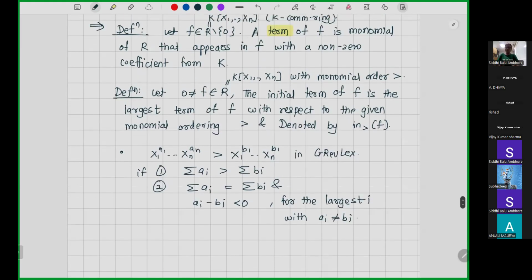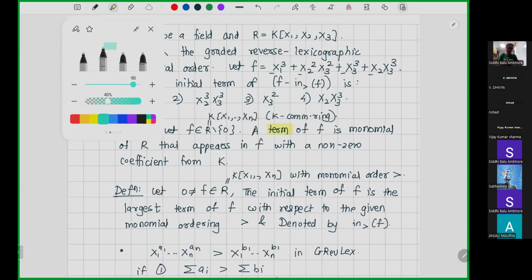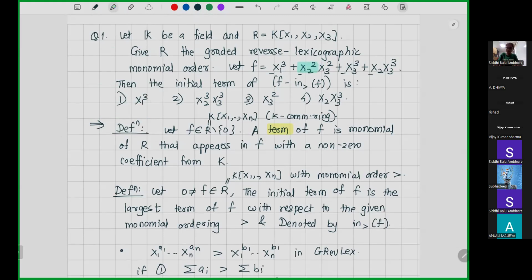Note that graded reverse lexicographic works with degrees. So definitely the degrees of these two terms, let me color them, are smaller than the degrees of these two terms.